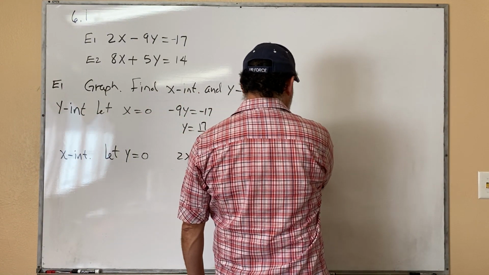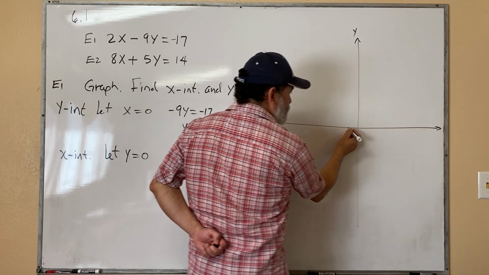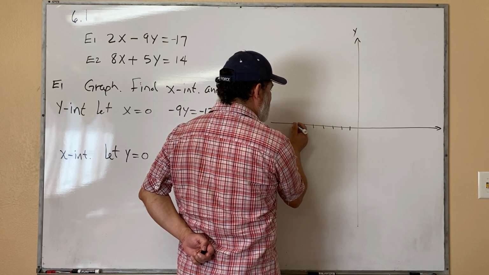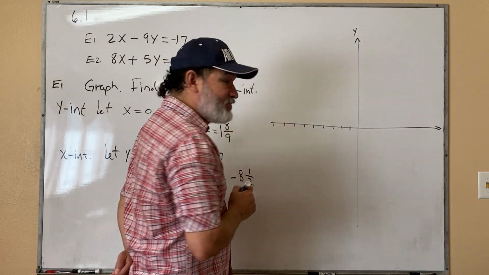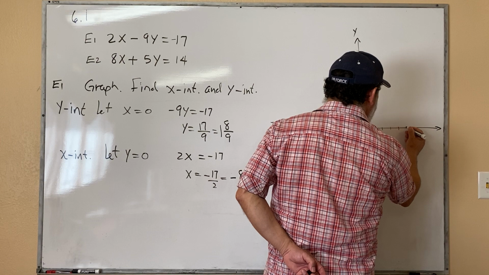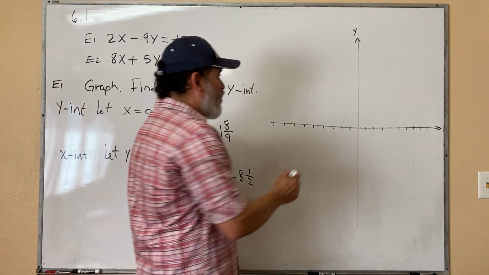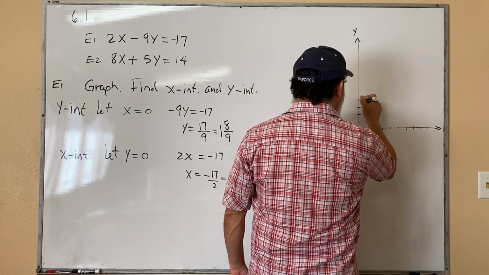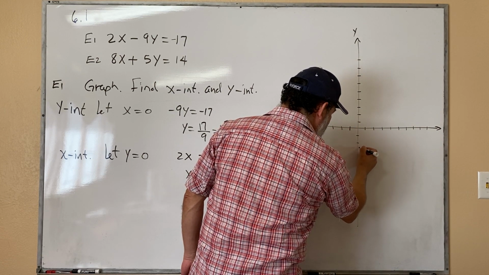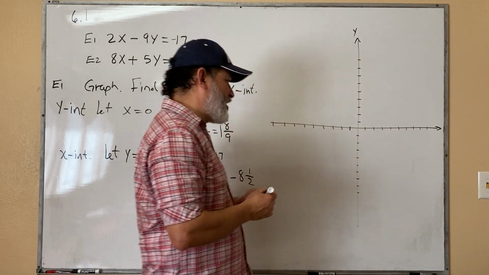Here we go. x equals negative 1, negative 2, and so on down to negative 9. x equals 1, 2, and so on up to 9. y equals 1 through 9, and negative 1 through negative 9, and so on and so forth.